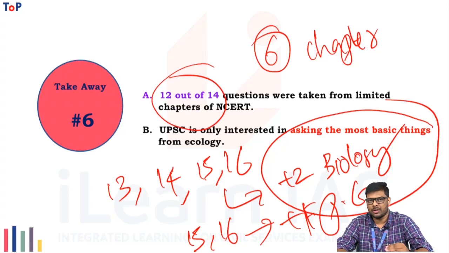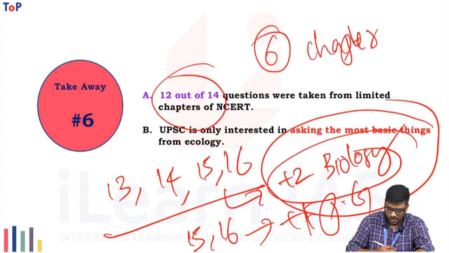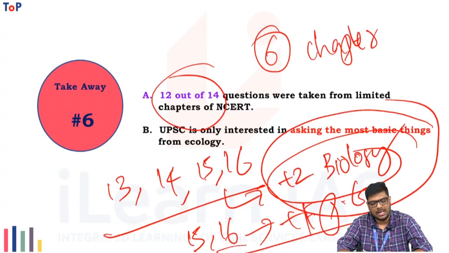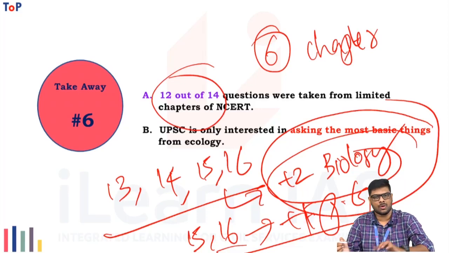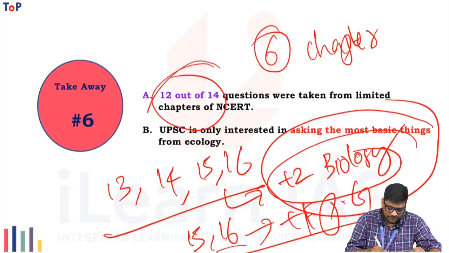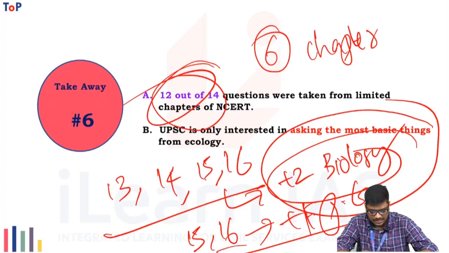It is only required to read these 4 chapters from class 12 biology and these 2 chapters from class 11 physical geography, because out of the 14 questions asked in the ecology portion over the last 9 years, 12 were directly from NCERT.